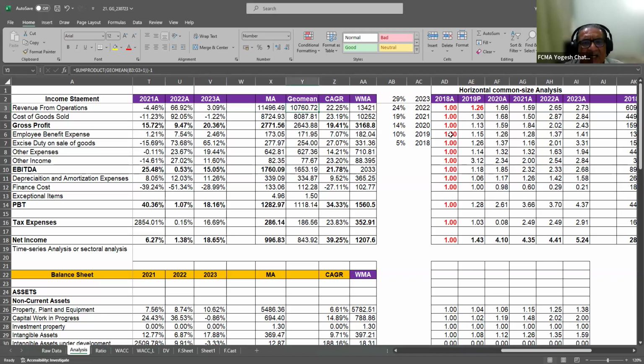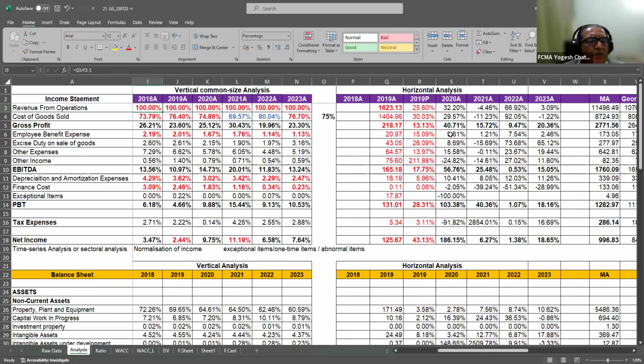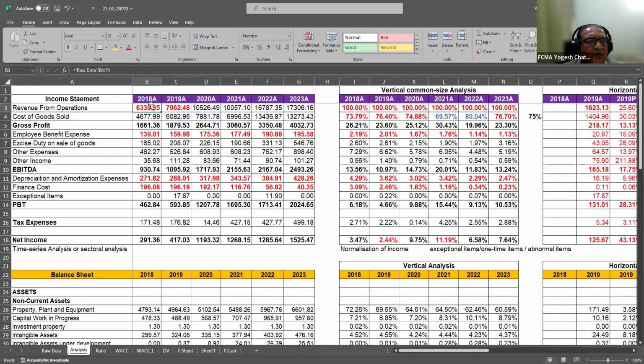As you can see, the revenue from operations of this company was around 6,339 crore in 2018, and has gone up to around 17,306 crore in 2023.